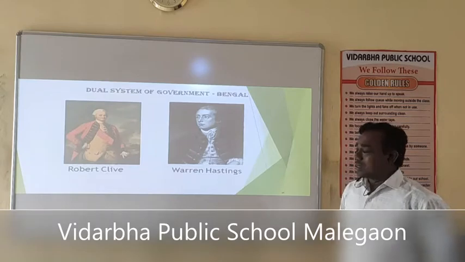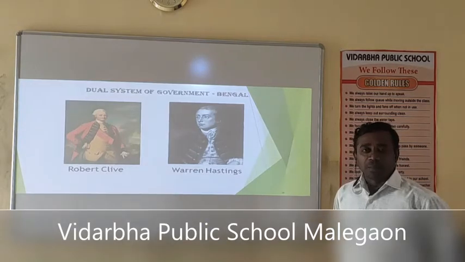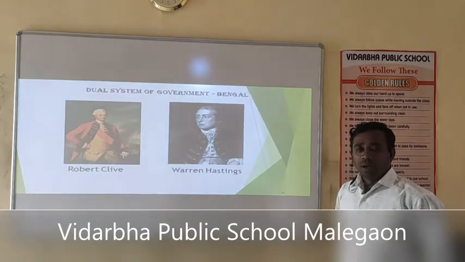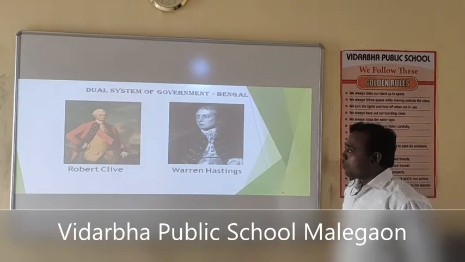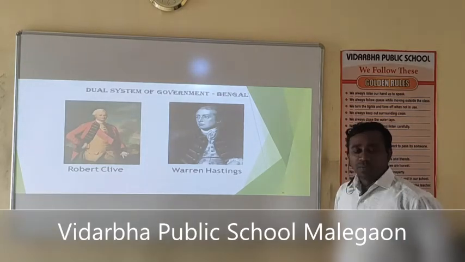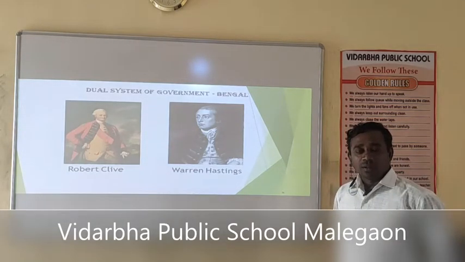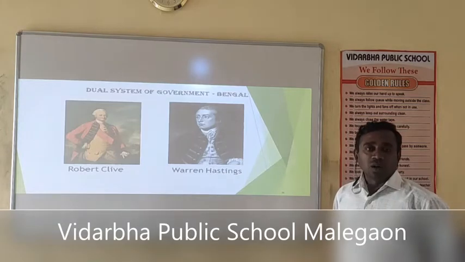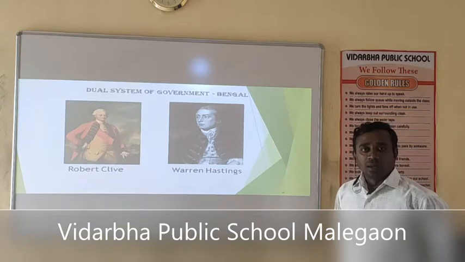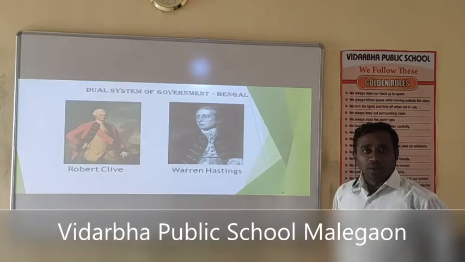Robert Clive was the leader of the British East India Company back then, and by the end of the Battle of Buxar, they formed the Allahabad Treaty, which was signed by Clive himself. In that treaty, one clause was that the company would gain the rights of collecting taxes from some regions of Bengal and other regions.